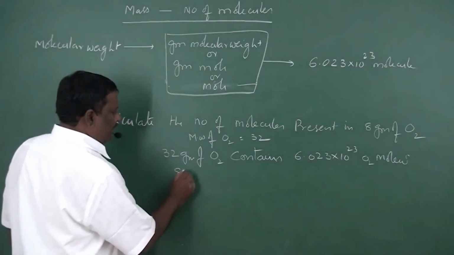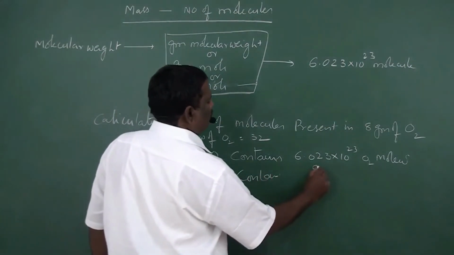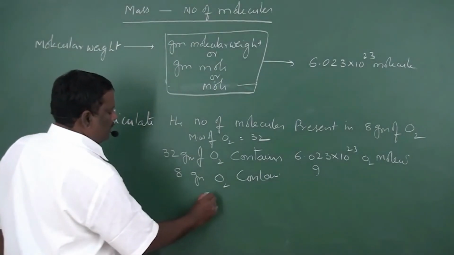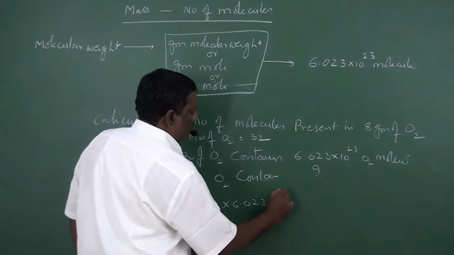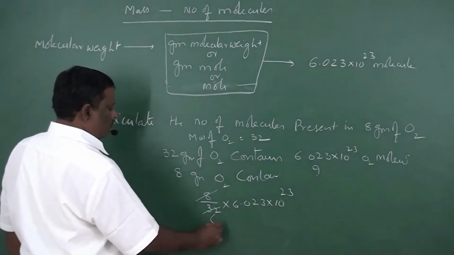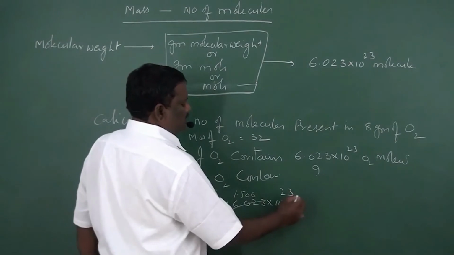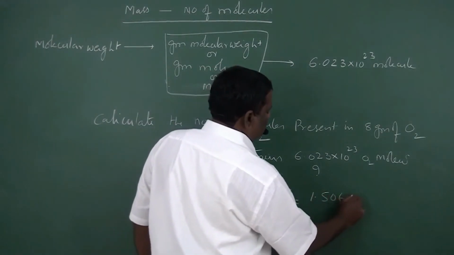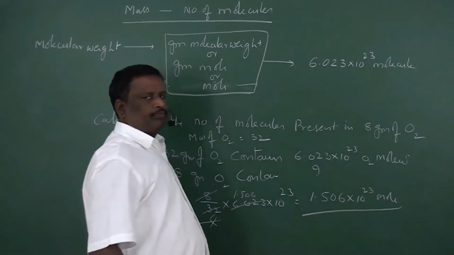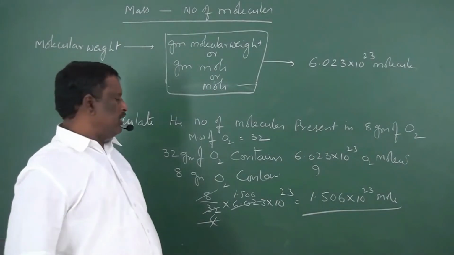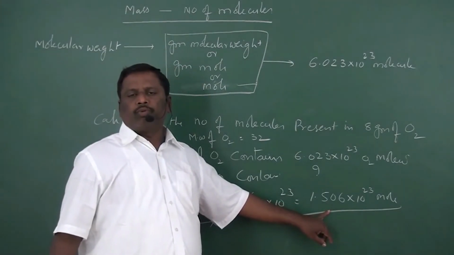Then 8 grams of O2 contains how many molecules? 8 by 32 into 6.023 into 10 to the power 23. This is 1 by 4 times, so it will be 1.506 into 10 to the power 23 molecules. So the number of molecules present in 8 grams of oxygen is 1.506 into 10 to the power 23.